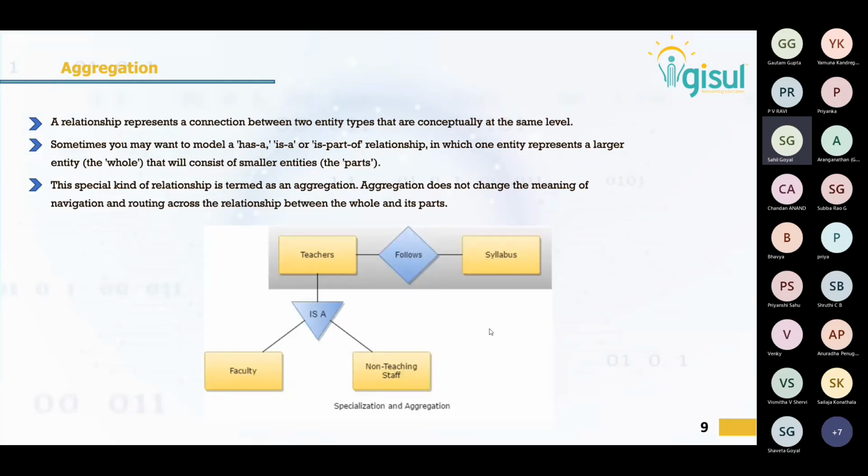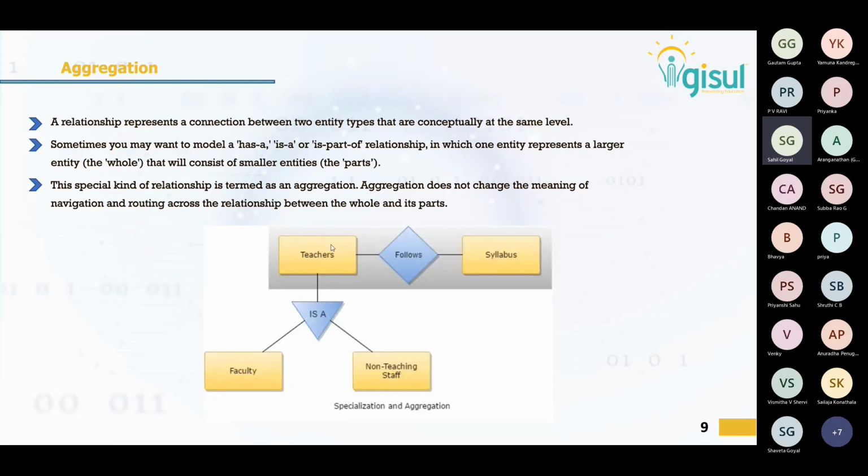We will simplify the relationship with the help of combining the different entities together. So instead of saying teacher has a subject, or teacher is a faculty, or teacher is a non-teaching staff, or teacher has a faculty, what we will do is aggregate their dependency together.